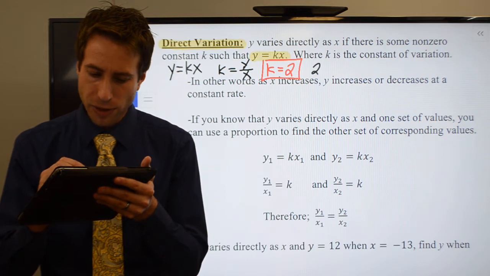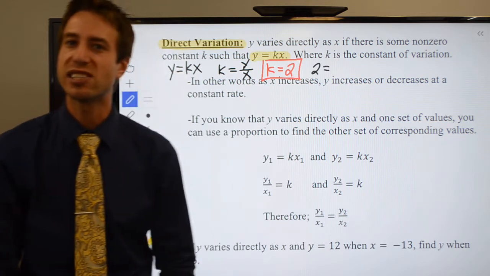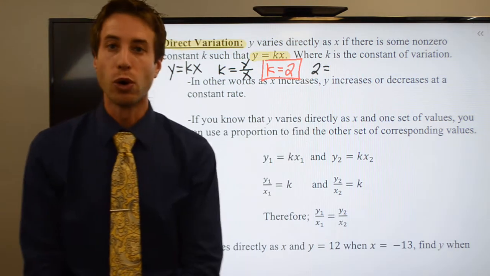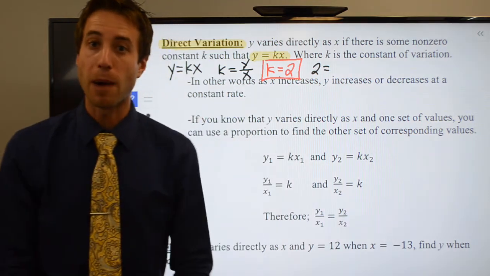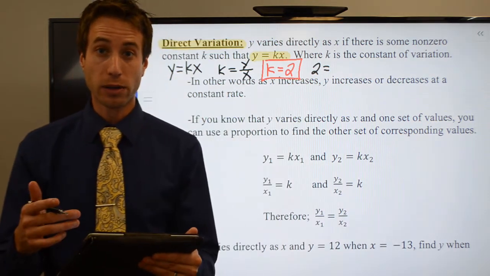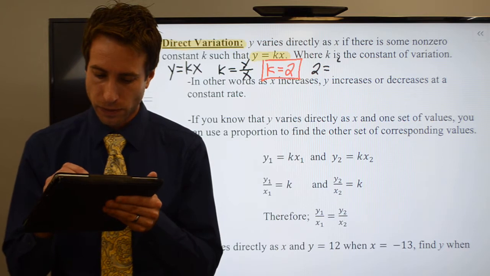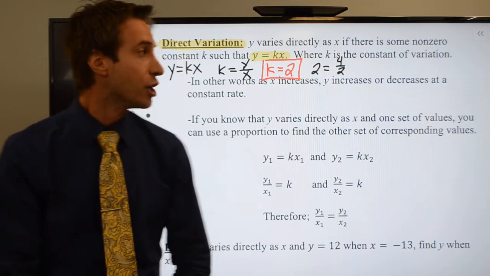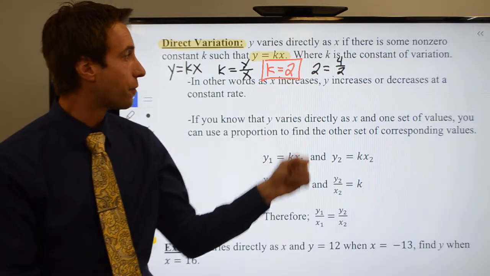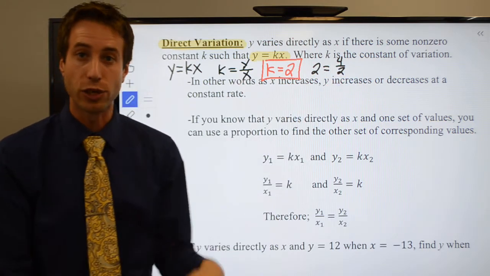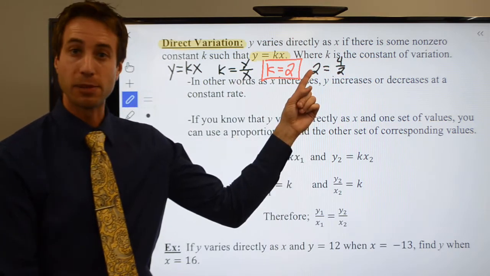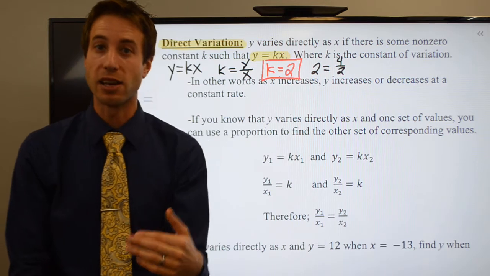Let's think of a couple of things that we can choose just as examples that are equal to 2. One just off the top of my head is 4 divided by 2. So if y is equal to 4 and x is equal to 2, 4 divided by 2 gets me 2, my constant of variation.